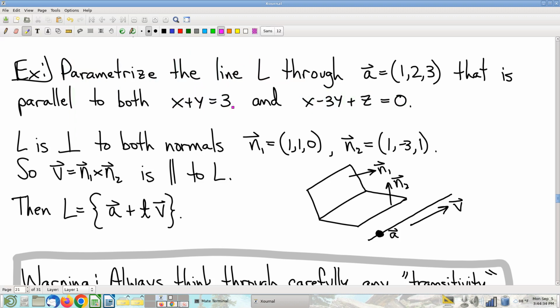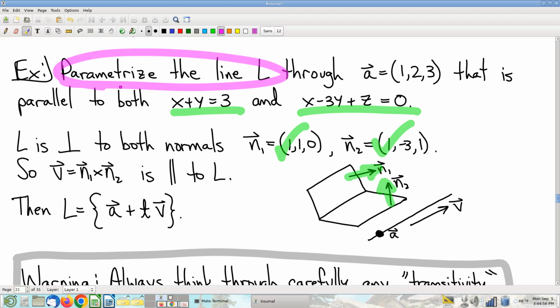So if I have these two planes given, right, I can interpret from these equations these normal vectors. Right, so I'm taking algebraic information I was given, and inferring geometric objects, namely normal vectors. Likewise with the parameterization. I'm hoping for a parameterization of a line. Let's think now, how do we parameterize a line?